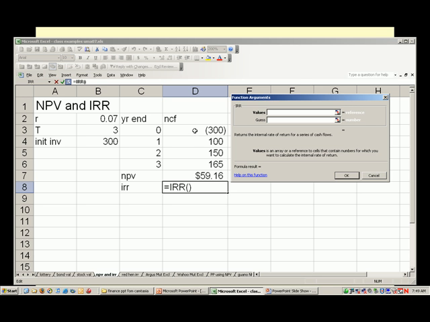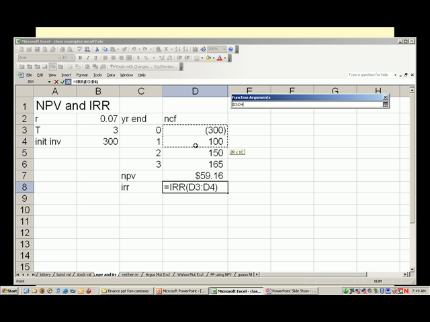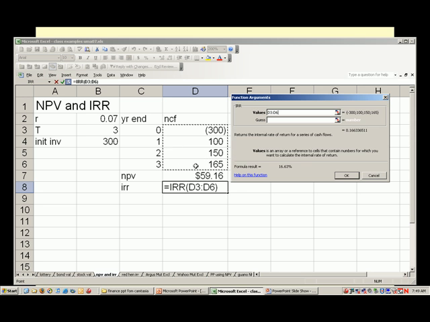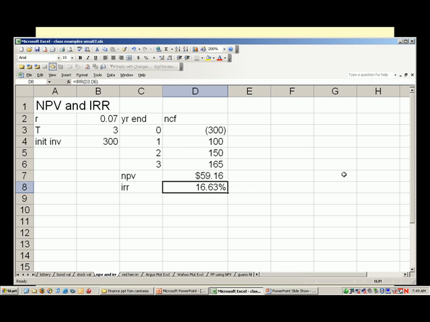So I'm going to highlight the cash flows starting in year 0 and going out through year 3. Say OK, and we get our internal rate of return calculated as 16.63%.